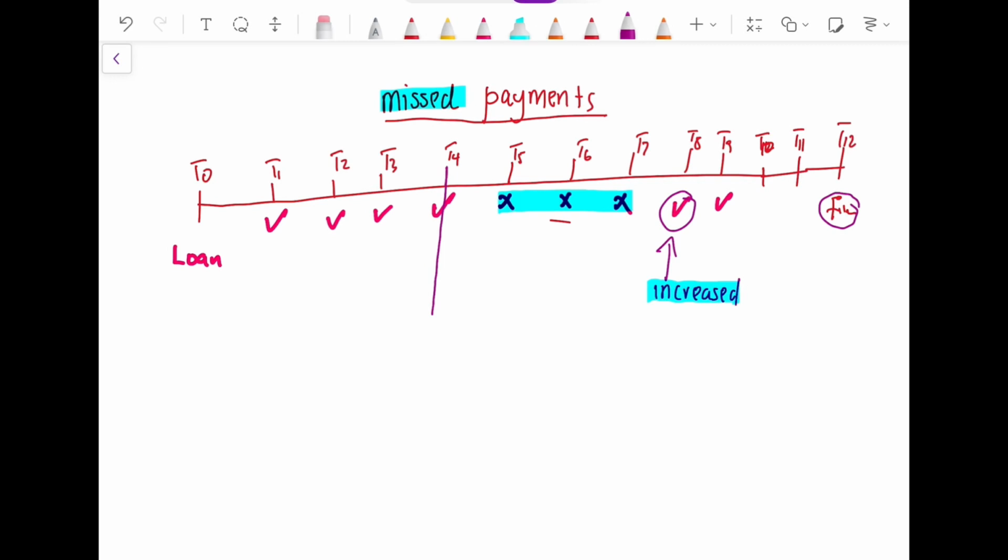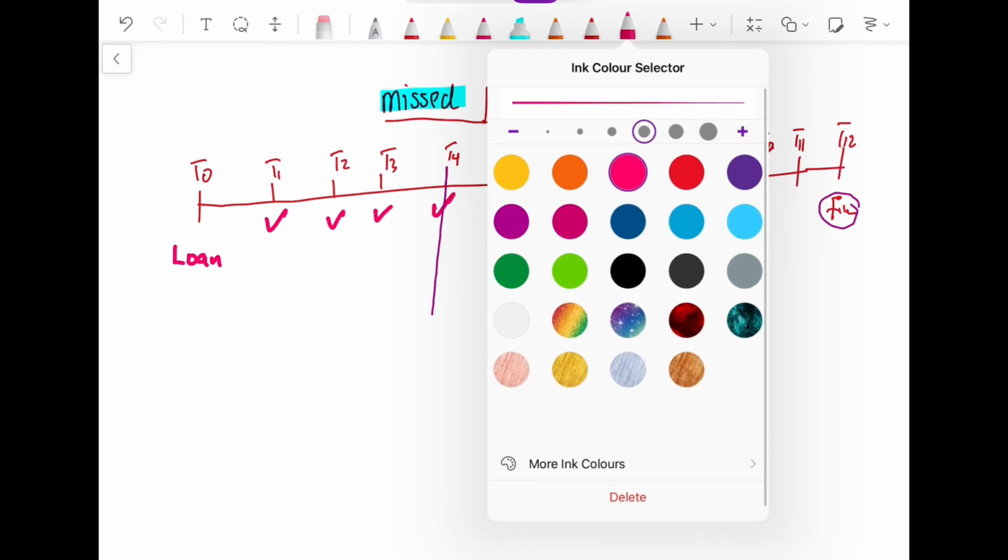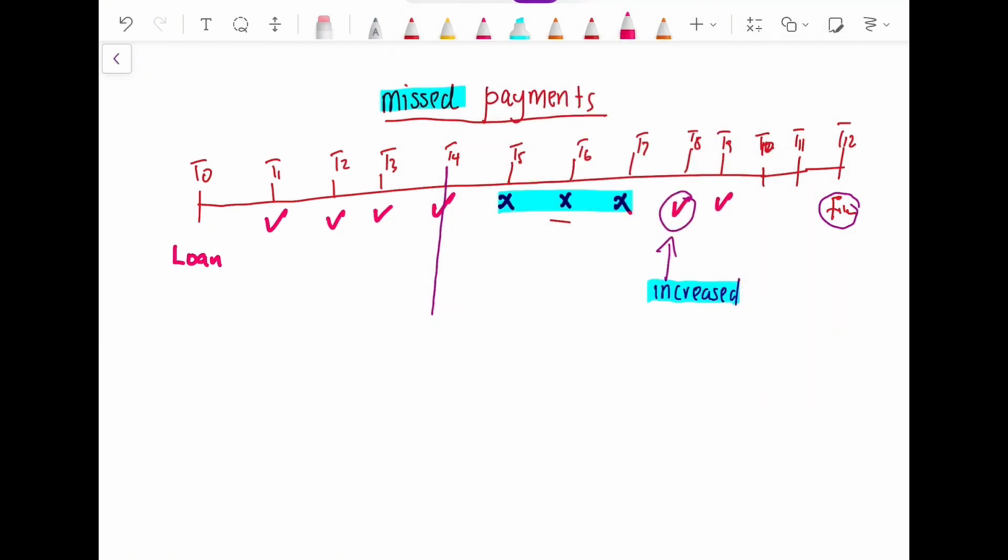So now for you to find these increased payments, you must first know what was your outstanding balance before you missed all these payments. How much were you owing? So we need to calculate the outstanding balance after the fourth payment. This outstanding balance will now grow.